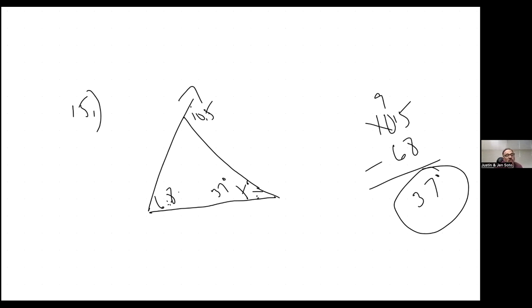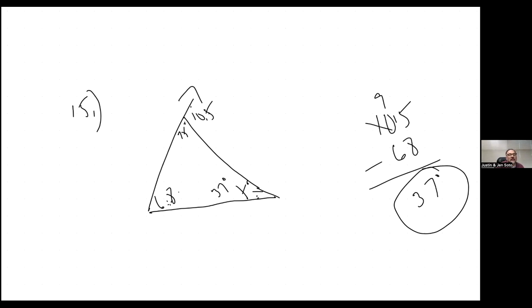And then if you wanted to, you could, I mean, this one here, we know if this is 105, this is going to be 75, right? Yeah, 75. Have to be, because 105 plus 75 is 180. But we don't need to know that. I mean, you could figure that out. You could say this is 75, then 75 plus 68.